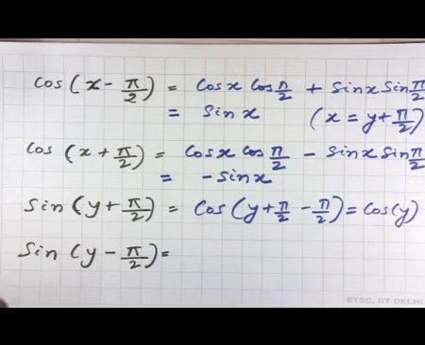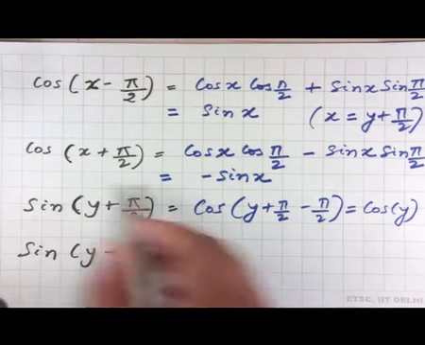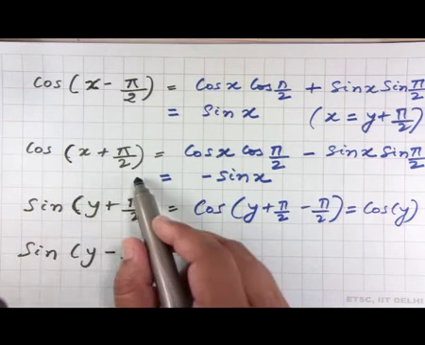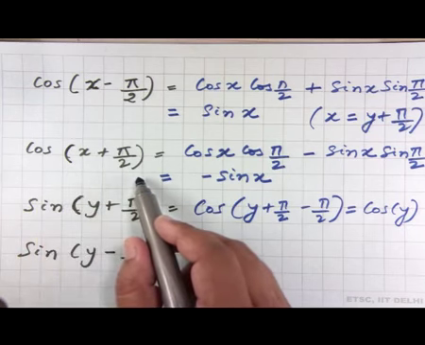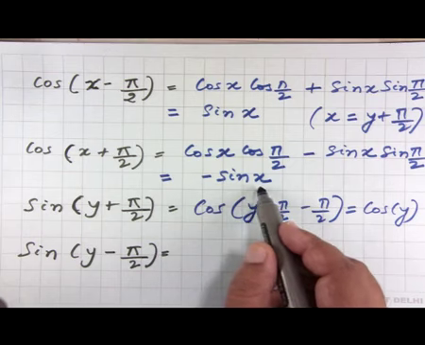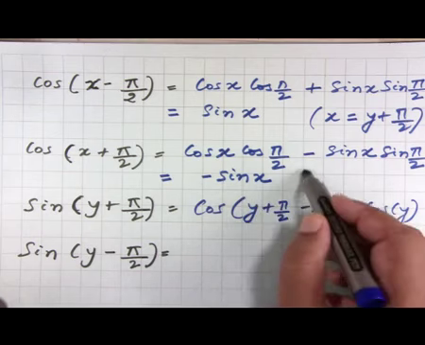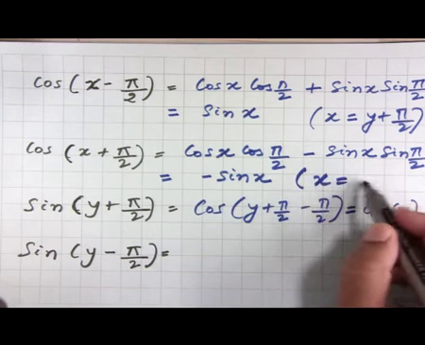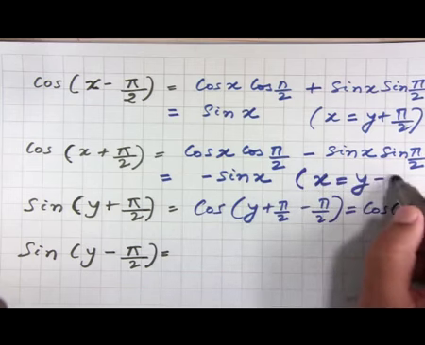Similarly, we can find out what sine of y minus pi by 2 is. We go back to this equation that we had just derived now, cos of x plus pi by 2 is equal to minus sin x. So, here we do the substitution x equal to y minus pi by 2.